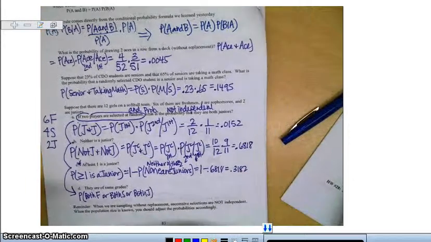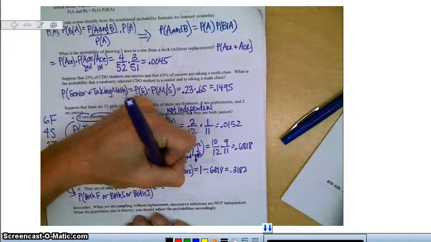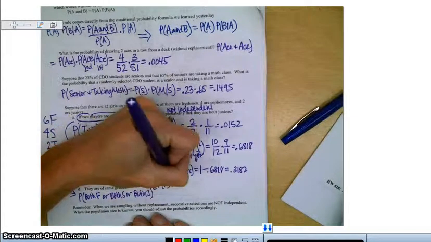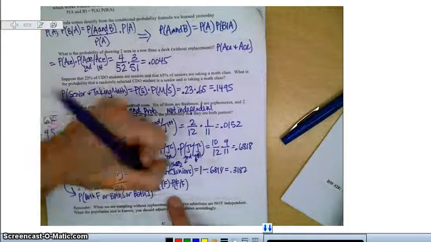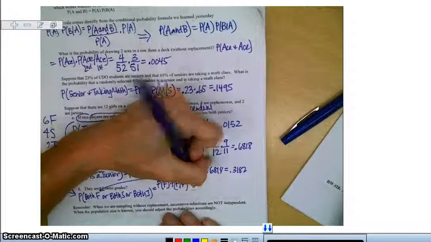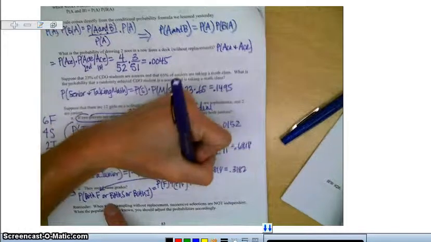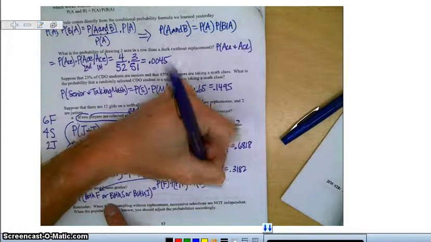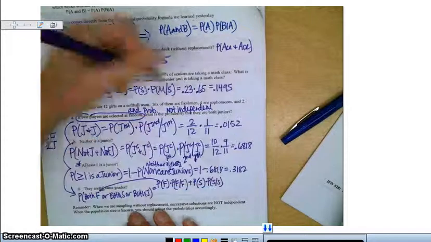So that means the probability that you get a freshman first times the probability that you get a freshman, given that you already have a freshman, plus, because "or" probabilities are added, the probability that you get a sophomore first and a sophomore second, given that you already got a sophomore.